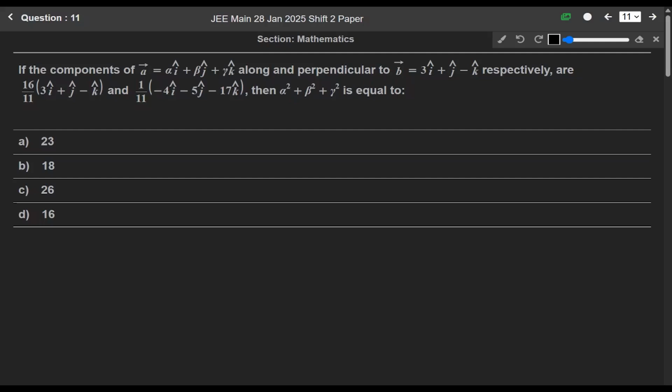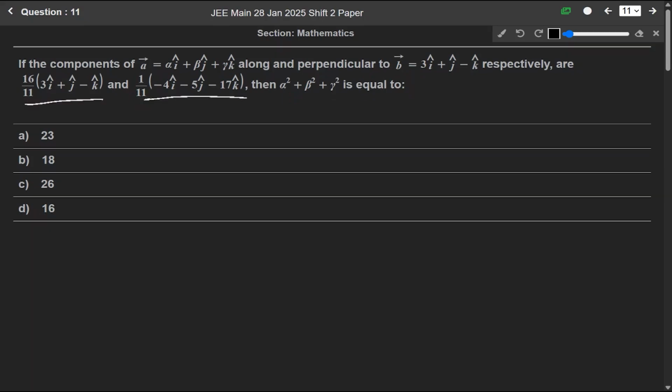Now question number 11. If the components of A, given as alpha i cap plus beta j cap plus gamma k cap, along and perpendicular to the B vector equal to 3 i cap plus j cap minus k cap respectively are this and this, then alpha square plus beta square plus gamma square is equal to, okay.